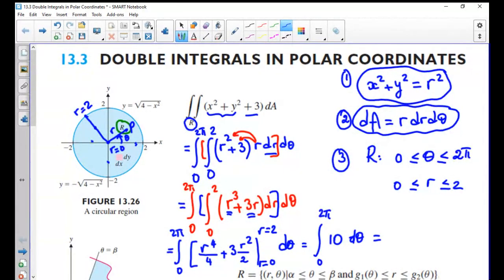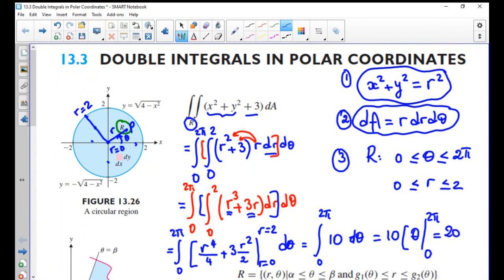Now, 10, you can take it out if you want. And then what is the integral of d theta? Theta, from 0 to 2 pi. Now substitute 2 pi, multiply by 10, 20 pi.